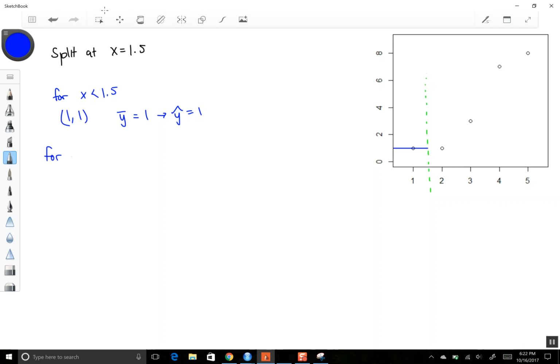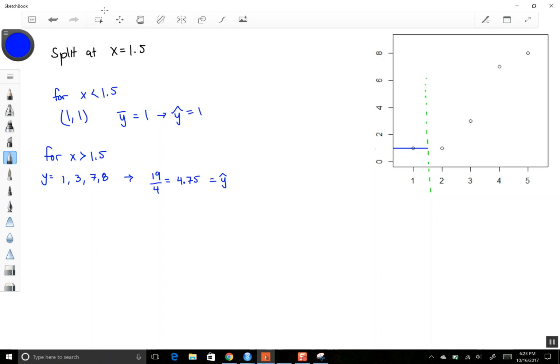Then for x greater than 1.5, the y values that we have are 1, 3, 7, and 8, and the mean of those values is, if I add those up, I get 19. 19 over 4 gives me 4.75. This is my y hat and y bar equivalent here.